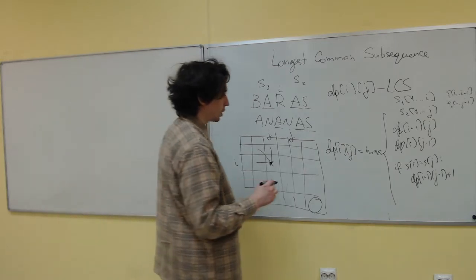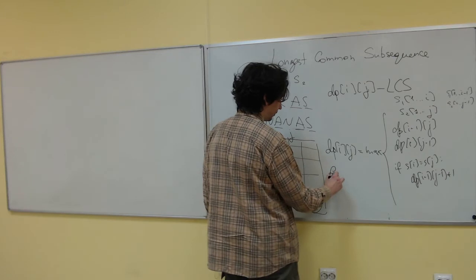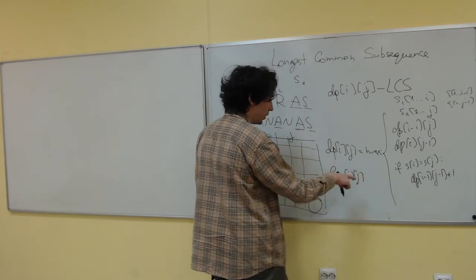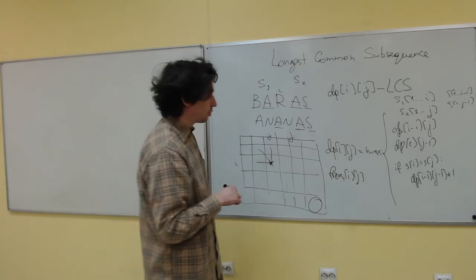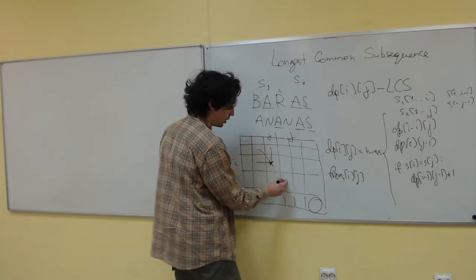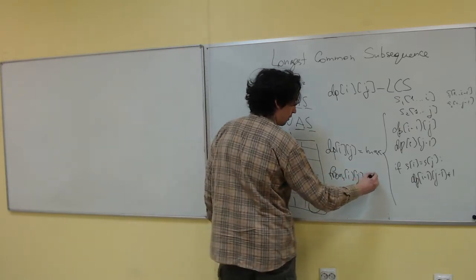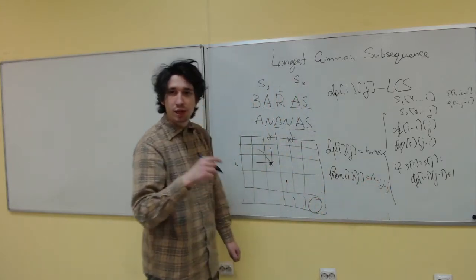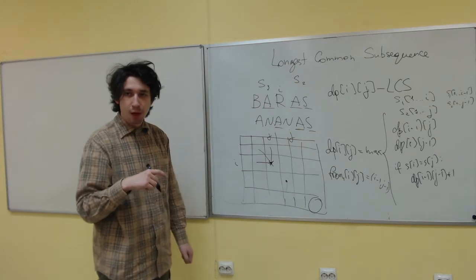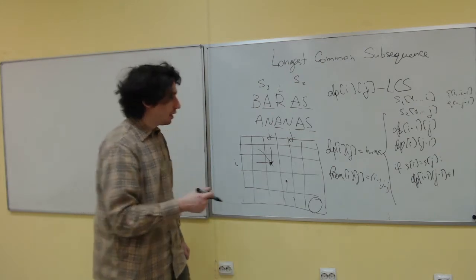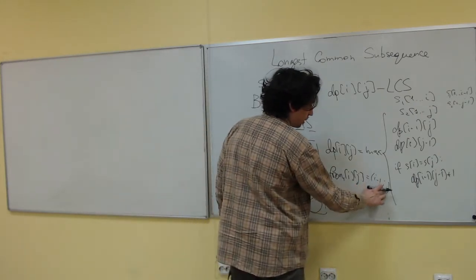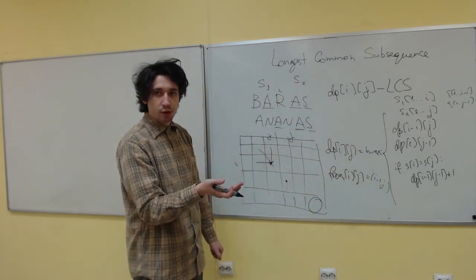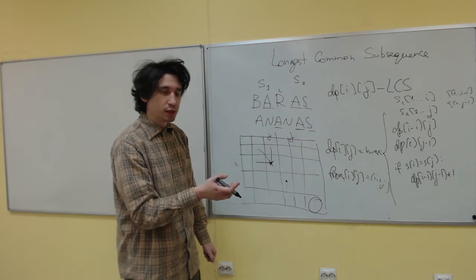We created a special array from ij, which tells us from which state we got to here. So, for example, if they're both equal and the previous state is i minus 1, j minus 1, then this means that we took this symbol and we have to add it to the answer. If it is i minus 1, j, then we just go to the i minus 1, j state and we don't add any symbol.